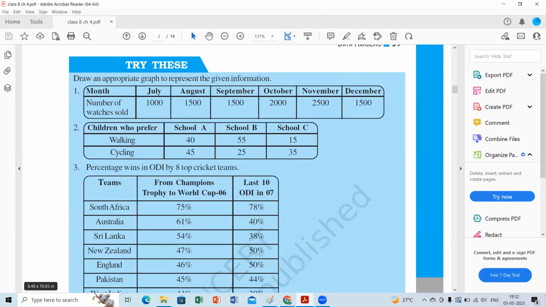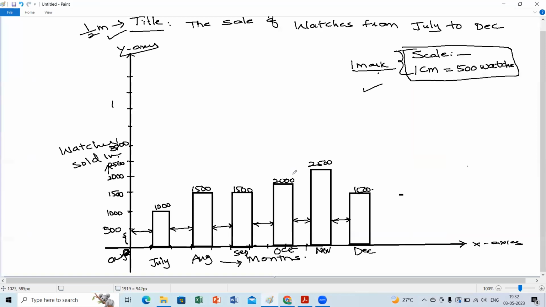Suppose based on the data, in which month was the sale maximum, children? November, ma'am. Which month was the sale minimum?